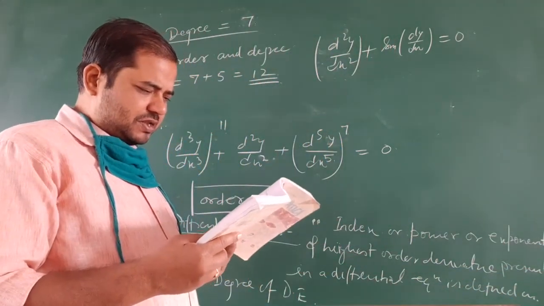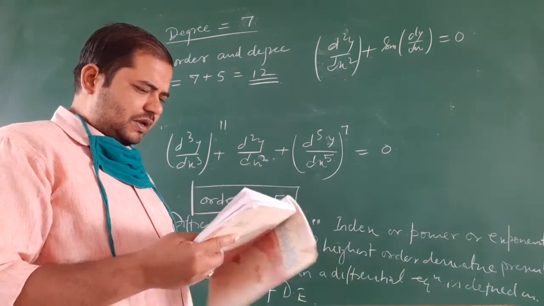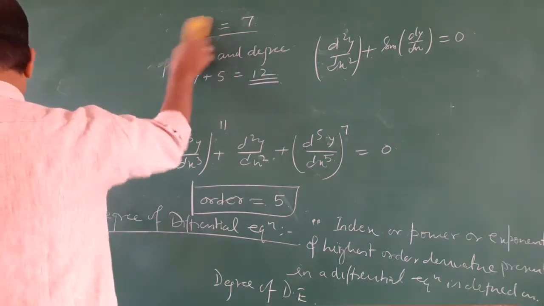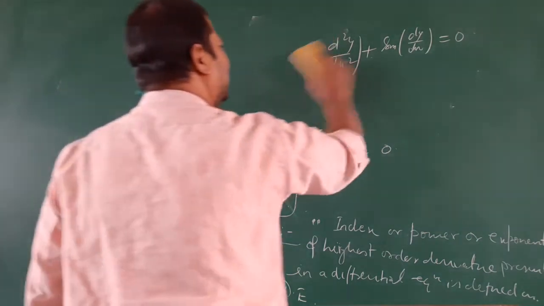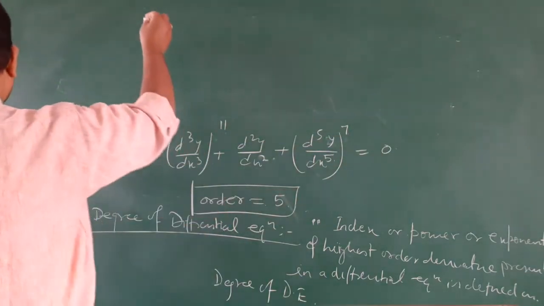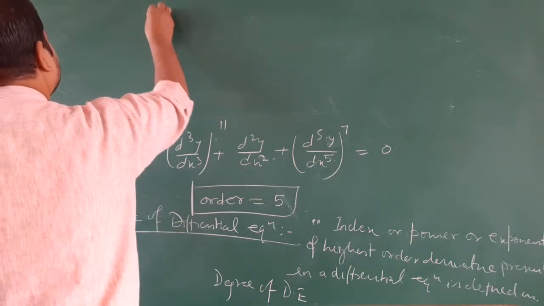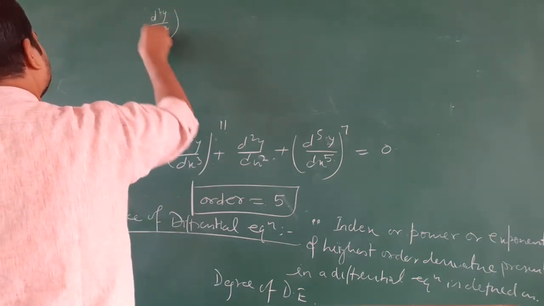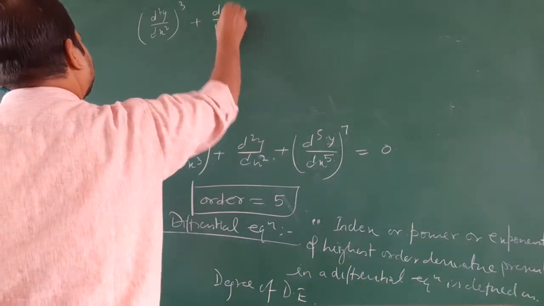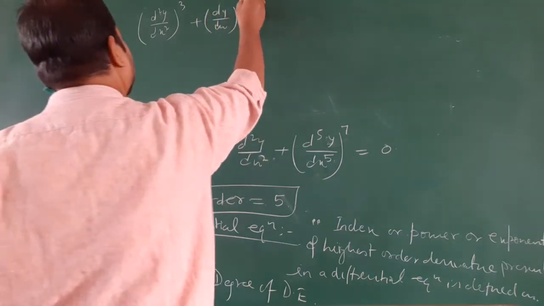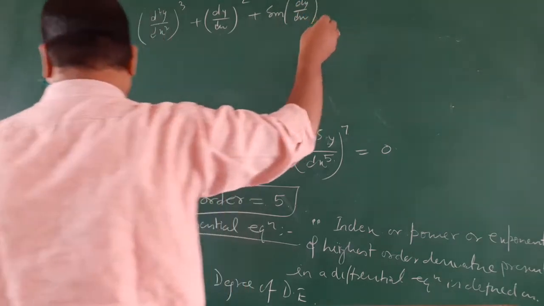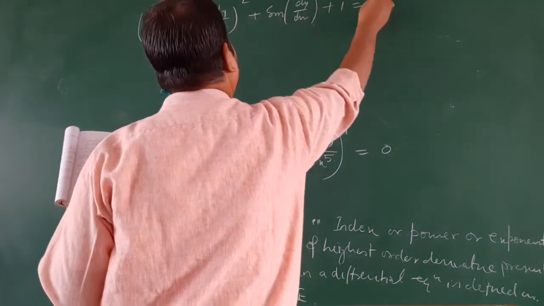The degree of the differential equation, see, this is question number 11. Question number 11, the degree of the differential equation: d2y over dx2 whole cube plus dy by dx whole square plus sine of dy by dx plus 1 is equal to 0.